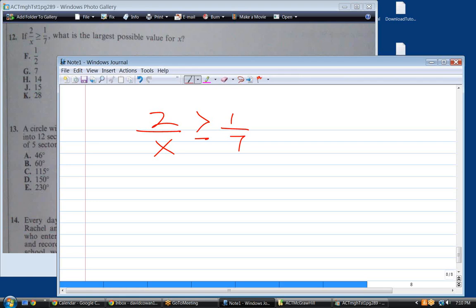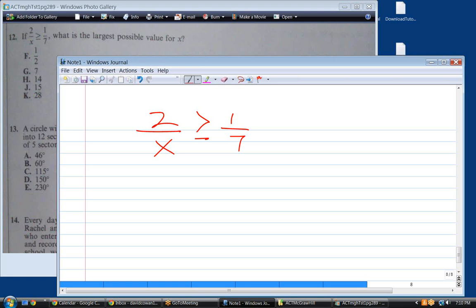So what is the largest possible value for x? So we could try to solve this for x. That could be one method. But that's not really the best way to do this problem. For one thing, it's not that easy to solve for x. Because it's an inequality, I can't multiply both sides by x, because I don't know if x is positive or negative. And if it's negative, I have to turn the inequality sign around, and if it's positive, I have to leave it the same. So it's not real easy to solve this for x.